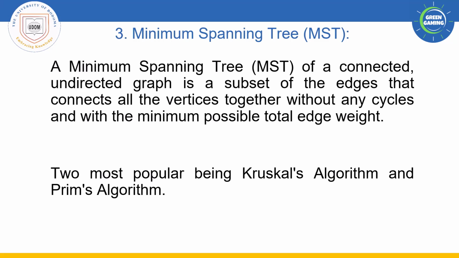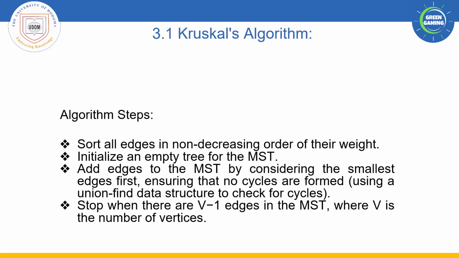The most popular are Kruskal's algorithm and Prim's algorithm, right? So those are 2 popular algorithms. The first one is Kruskal's algorithm. The algorithm steps are: sort all edges in increasing order, then initialize an empty tree for the MST, and add edges to the MST by considering the smallest edge first, ensuring that no cycle is formed using a union-find data structure to check for cycles.